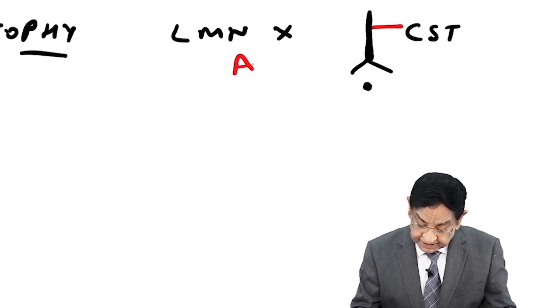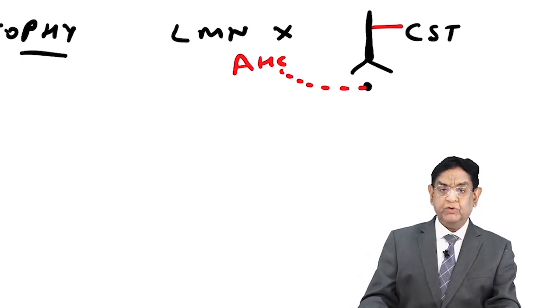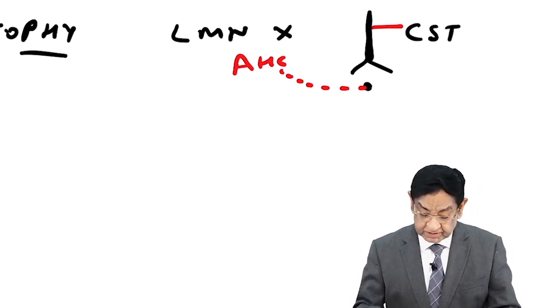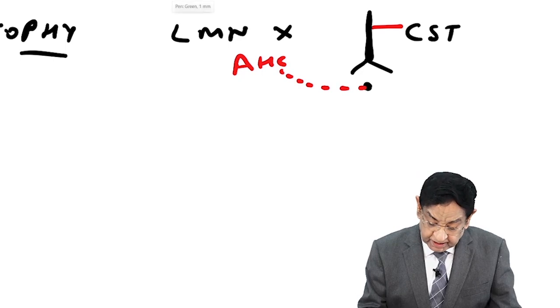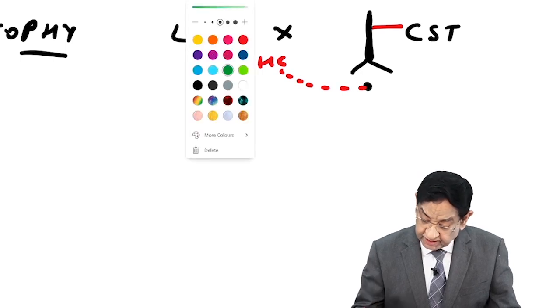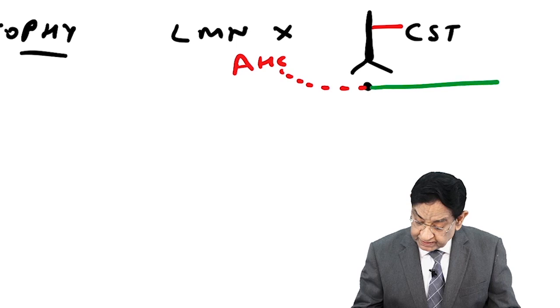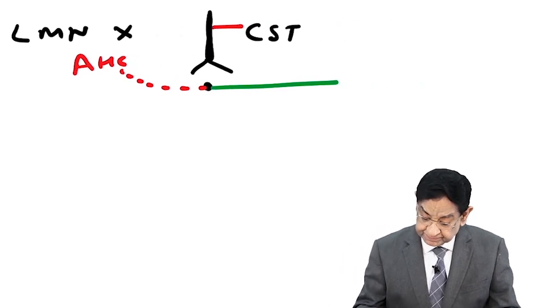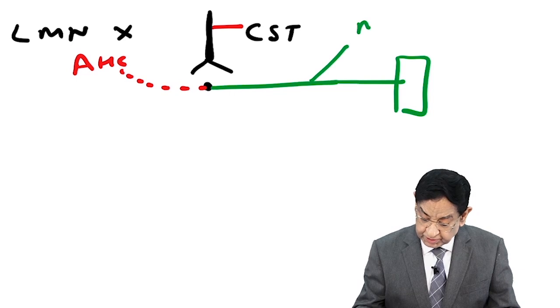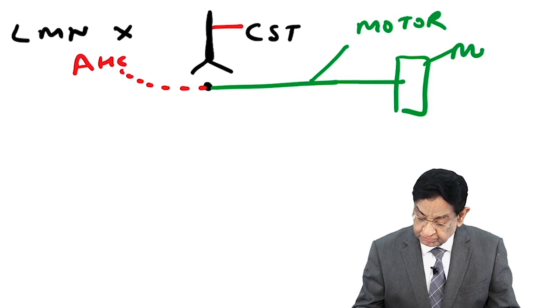This is the anterior horn cell. We also know very well that from the anterior horn cell, the motor nerve comes, and that goes to the muscle.